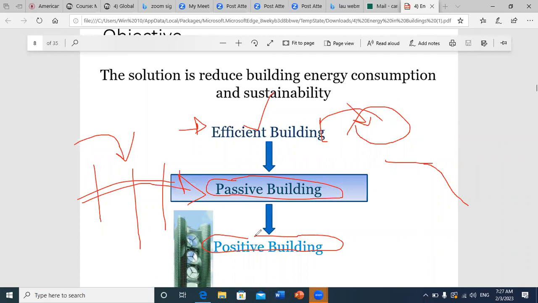So on some days you might have excess. If you use passive strategies in a very good way plus renewable energy, you might have an excess. You will produce electricity instead of needing to take electricity from the state. This is what we try to reach. So we hope to reach positive buildings. In this way, positive buildings can contribute to the energy production instead of requiring energy consumption.